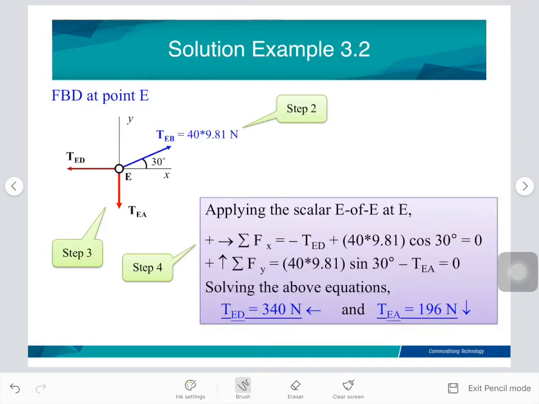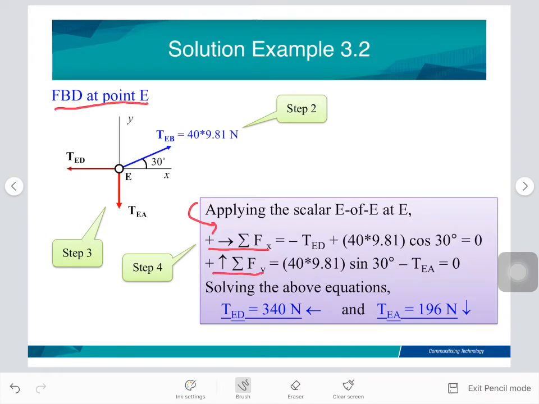Next, after we sketch the free body diagram, we can substitute into the equations of equilibrium. First, we write the summation of force Fx, and then the summation of force Fy.